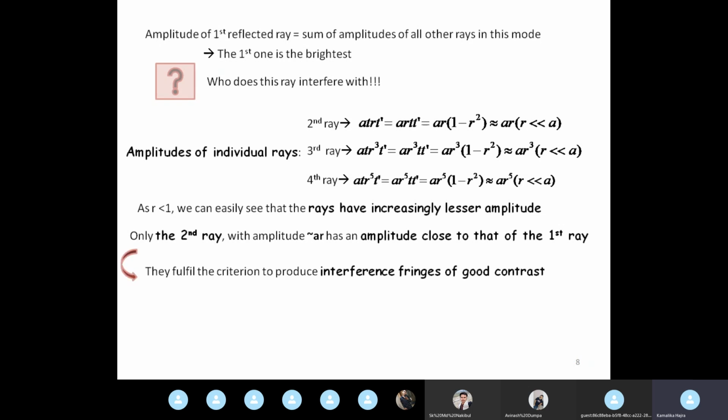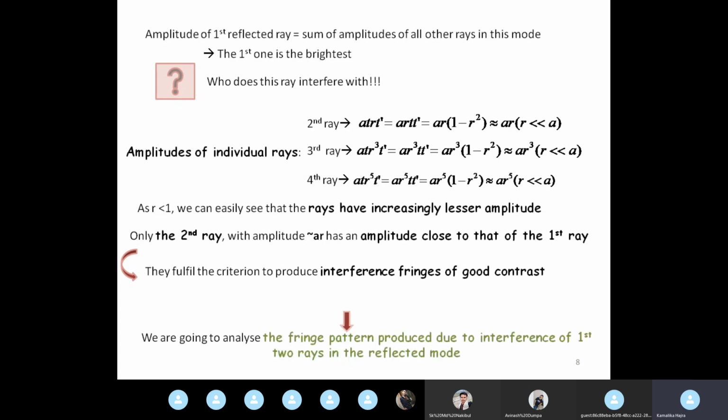If you remember the criteria for getting interference fringes of good contrast, that is, the intensities must be equal or nearly equal, then you can see from this treatment that only the second reflected ray has amplitude close to that of the first reflected ray. That is, they fulfill the criteria to produce interference fringes of good contrast.